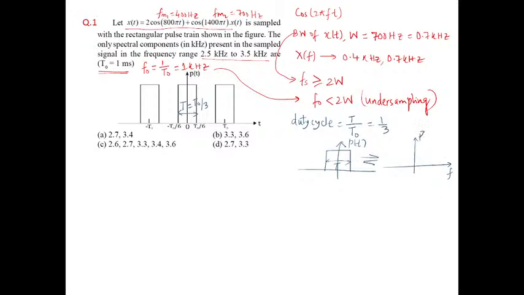P(f) will be a sinc function with null points at 1 upon T. I hope you know how to find the Fourier transform of a rectangular pulse. Now if this rectangular pulse is made periodic in time domain, then what will happen in frequency domain? In frequency domain, the signal will be sampled, and the sampling rate will be equal to 1 upon T naught.